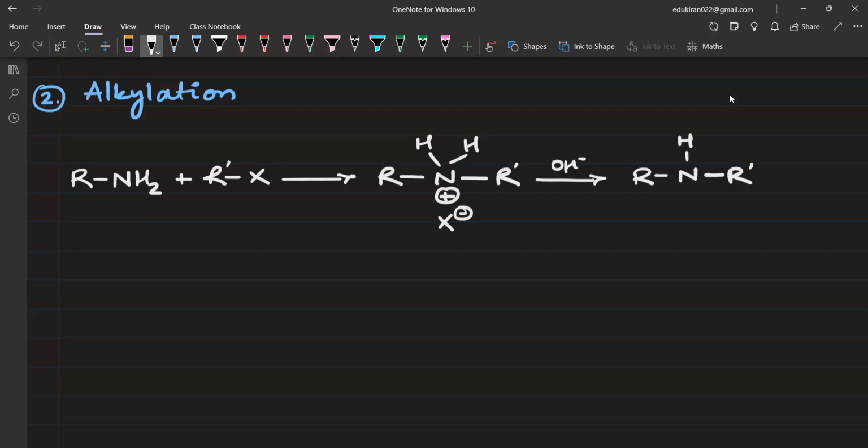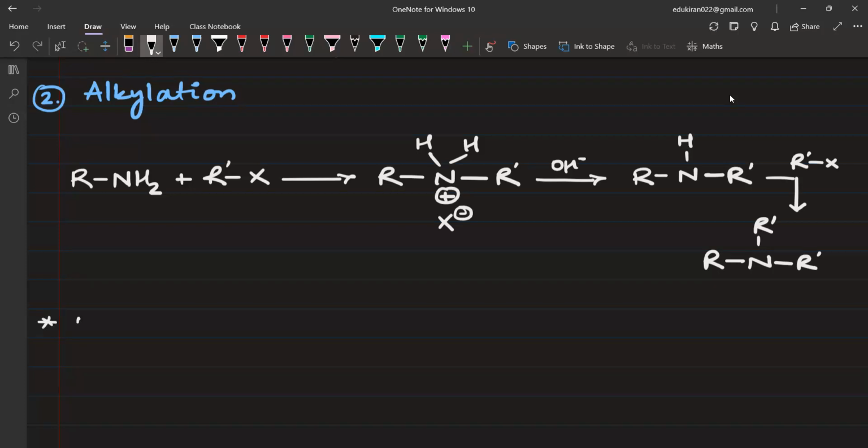Now this reaction can occur once again in order to give you what? It is going to give you a 3 degree amine. You do this reaction once again, after waiting for everything, and you will get a 3 degree amine.